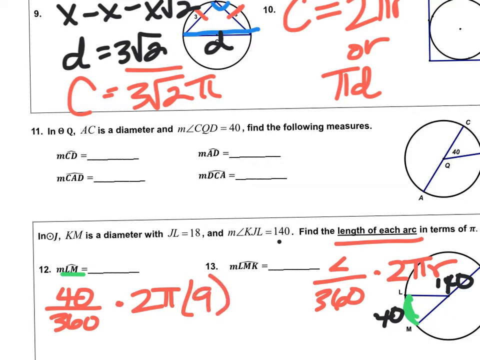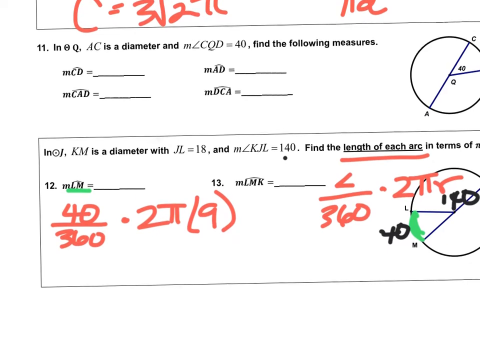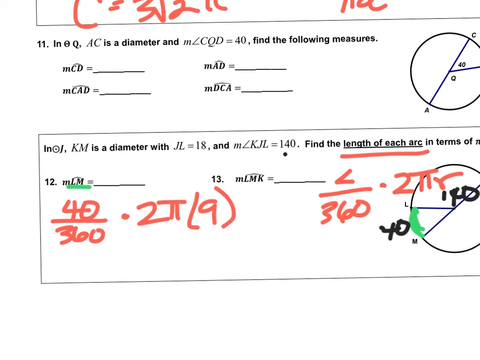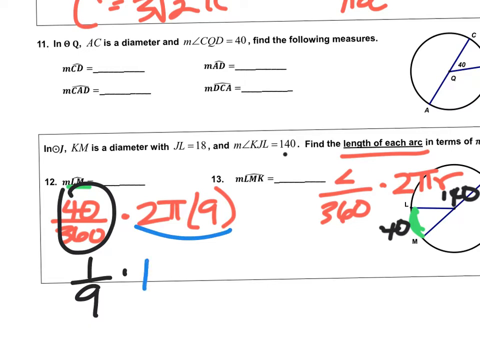You're going to have to simplify this first. This becomes the fraction 1/9. Then I simplify this part, which becomes 18 pi, and I'm multiplying them together.